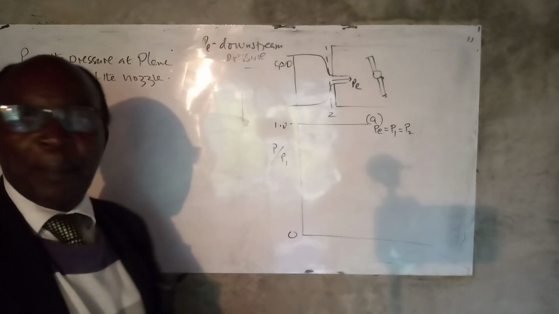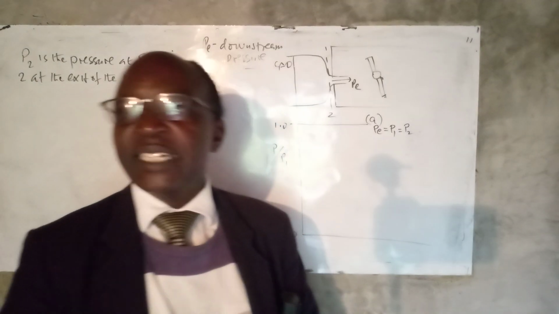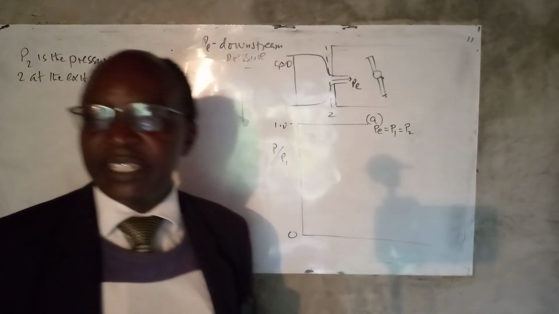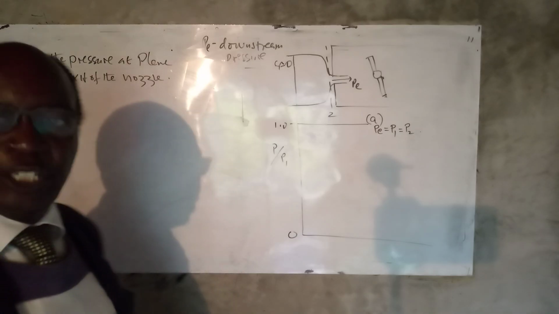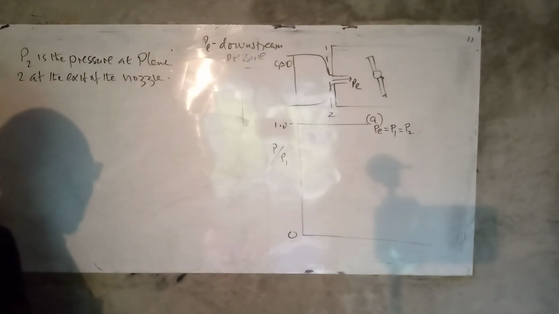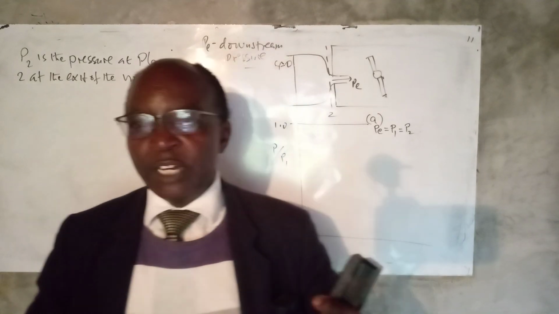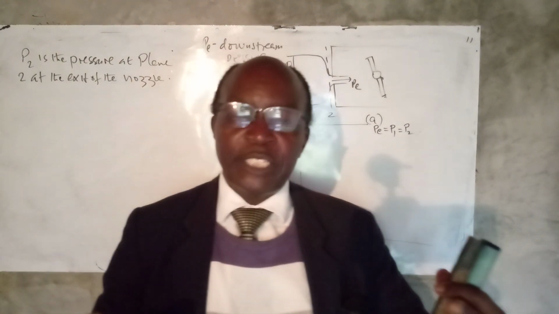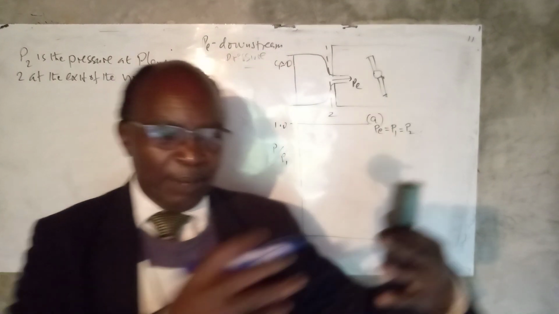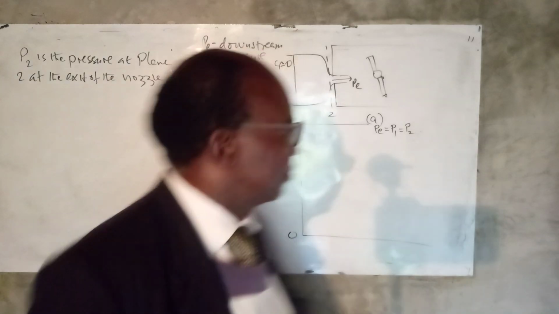Now, when you open the valve and the downstream pressure starts reducing, then you will notice that the axial distribution of pressure will be in the form of a curve.